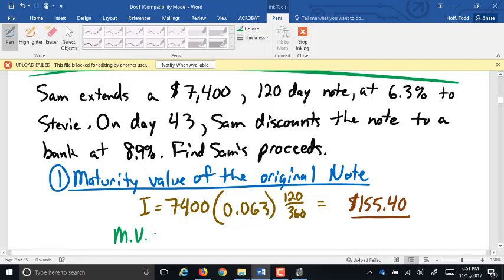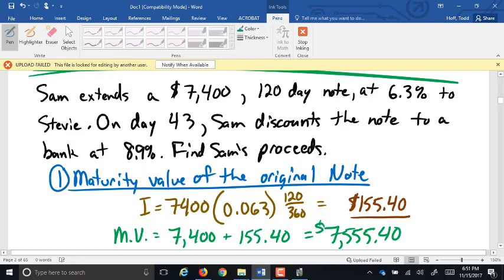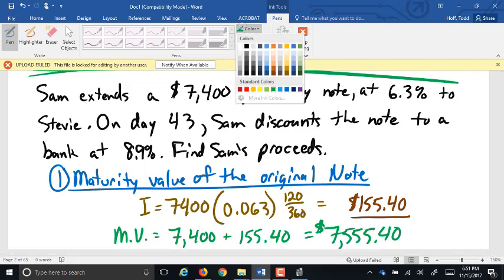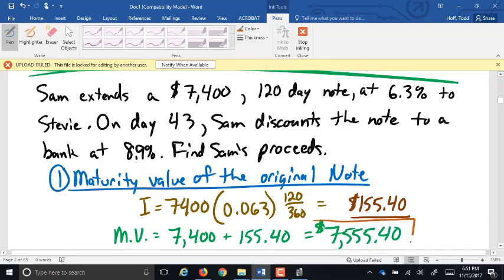So the maturity value is 7,400 plus the 155.40. There you go, $7,555.40. That's the amount that's going to be basically taken forth to the bank.